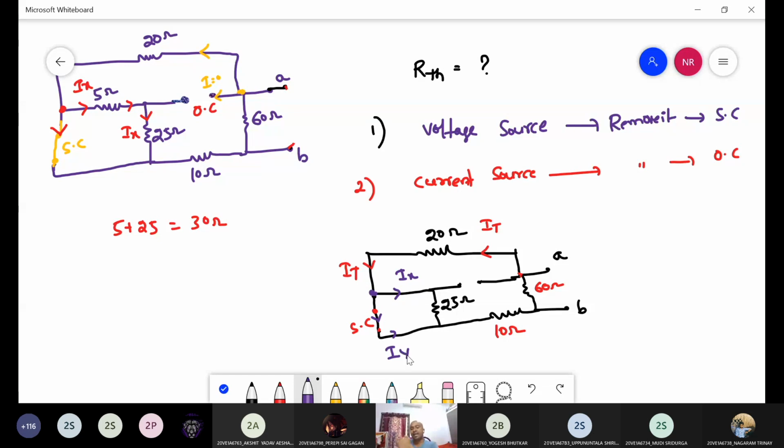Now can you tell me what is the Ix value? I total into 20 by total 20 plus 25. What is the Ix value?